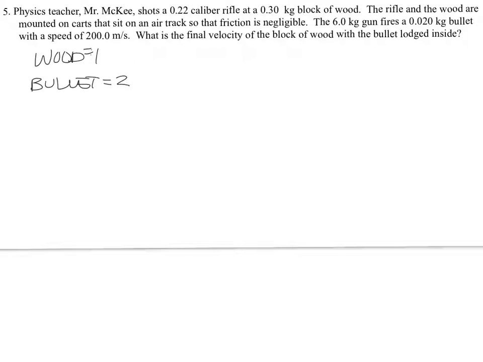All right, so when reading through all of this, we know that our wood block is 0.3 kilograms for its mass. So that's the mass of object number 1. For the bullet, it is 0.02 kilograms, which is a lot smaller than the wood block, which makes sense.